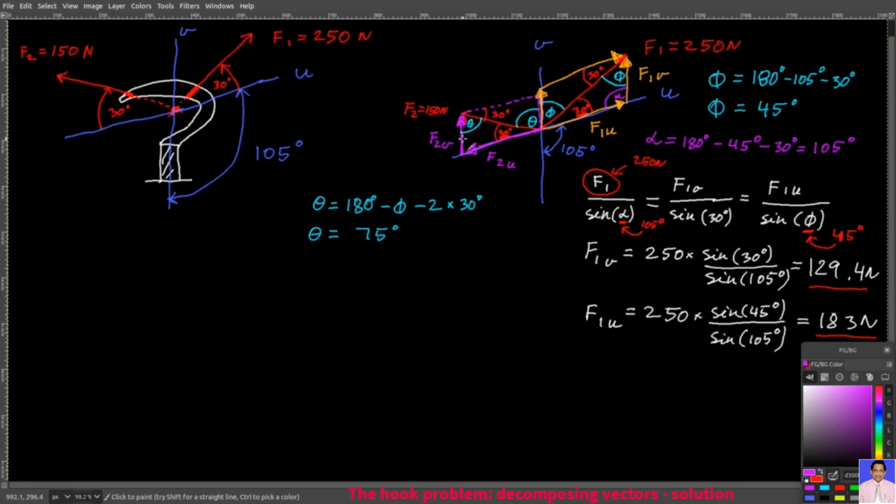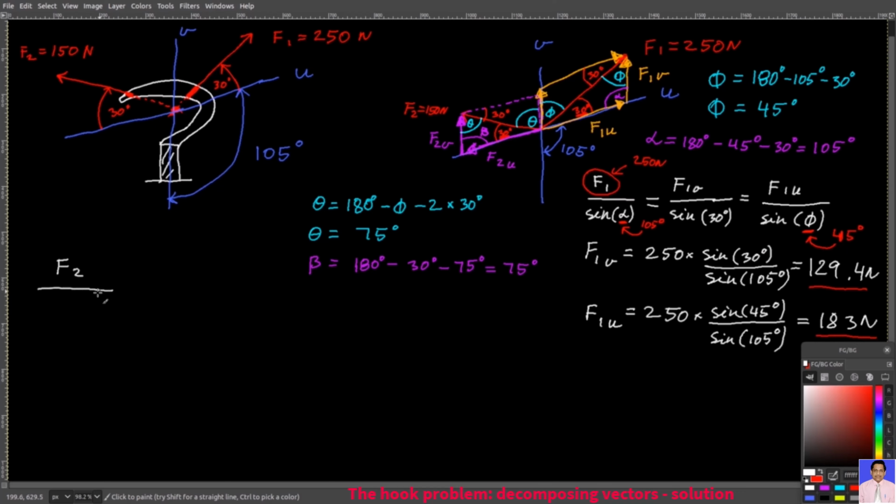And then I would like to find this angle here as well. Let's call it beta. And beta equals 180 degrees minus 30 degrees and minus 75 degrees. And that will also be 75 degrees. And again, you can use the sine rule.